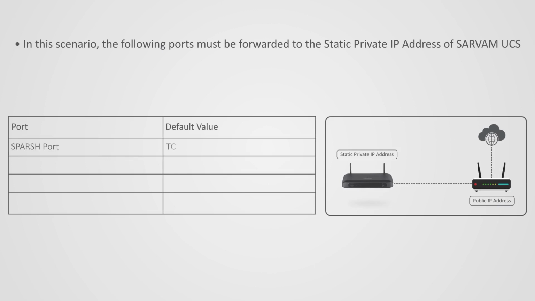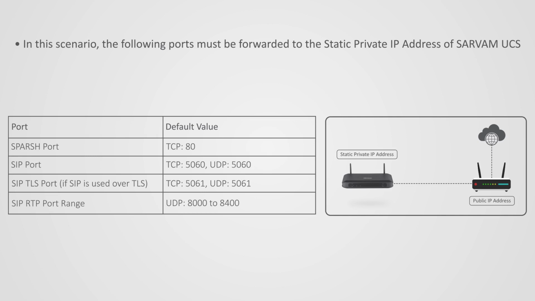Sparse port TCP 80, SIP port TCP 5060 and UDP 5060, SIP TLS port, if SIP is used over TLS, TCP 5061 and UDP 5061, SIP RTP port range, UDP 8000 to 8400.